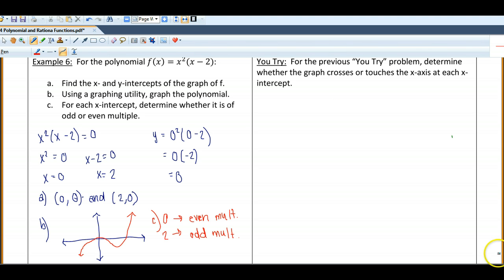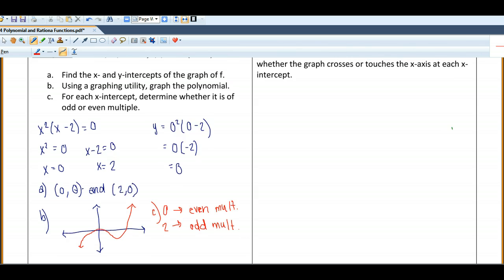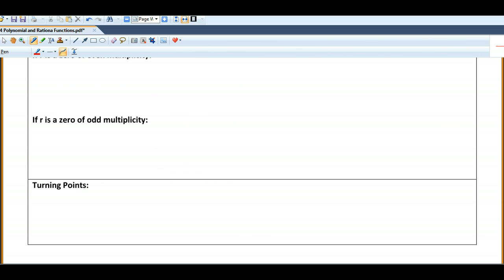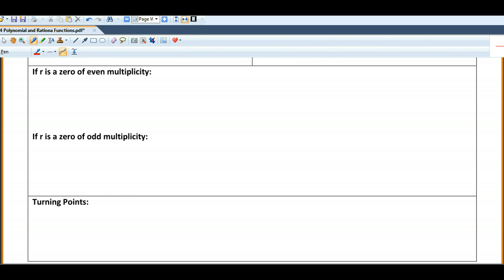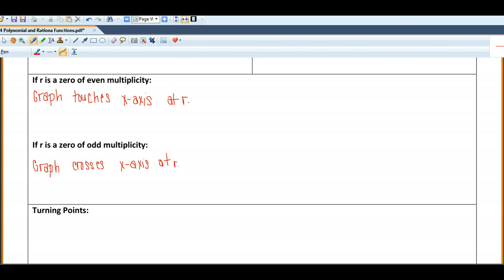Let's go on to example 7. Or actually, we've got some definitions. Even multiplicity and odd multiplicity. If r is of even multiplicity, then you're going to see the graph just touch the x-axis at r. If r is of odd multiplicity, you're going to see the graph cross.